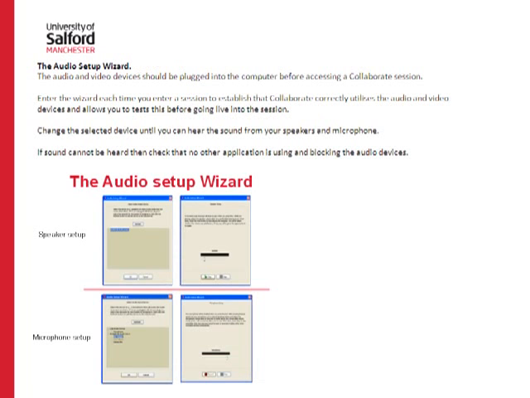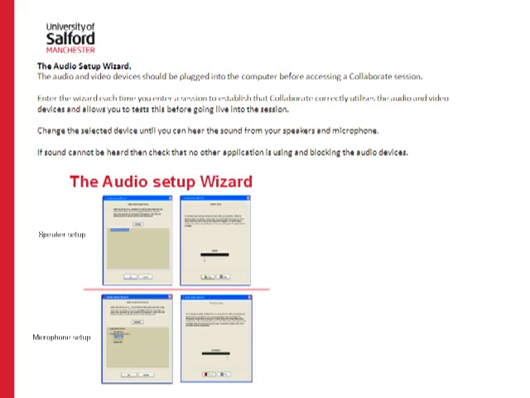Now, as a technician, one of the main things that you may be asked to assist with is to set up the headset, or the microphone and speakers, to the PC.